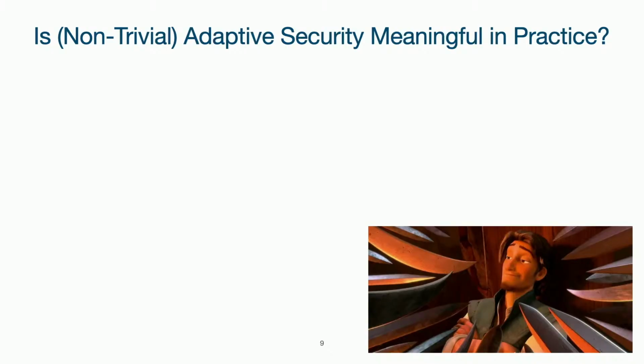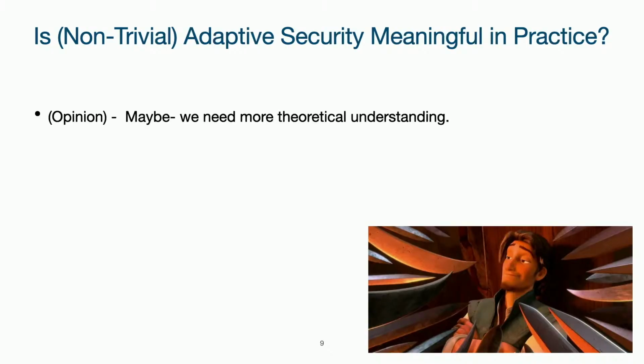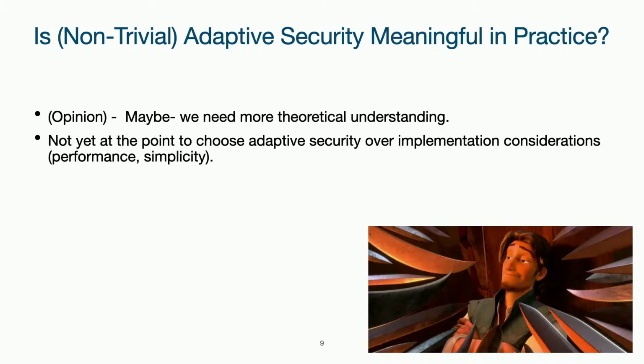As someone who's published in this area, I am myself not quite so convinced. This isn't me standing here saying this is the most important notion of security and we should aim for that above all other things. I think this is a very nuanced question, and as people working on both theory and practice, we really should think about what this notion of security actually means.